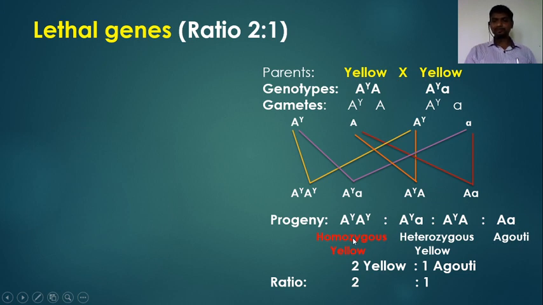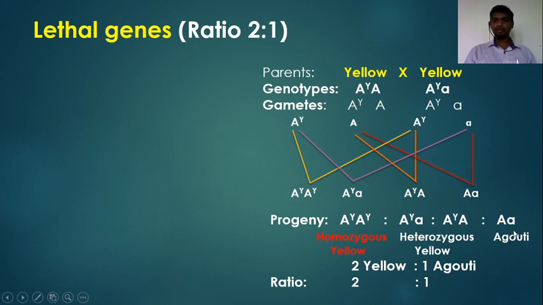So in this case, four individuals are formed: one having the genotype capital AY, AY, another having capital AY, A, capital AY, small a, and capital A, small a.